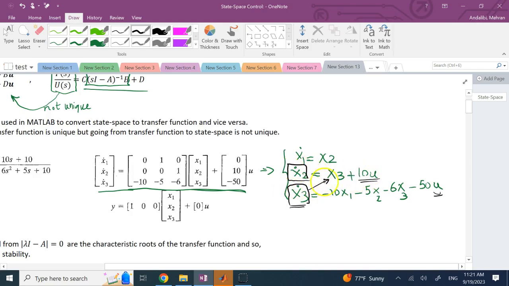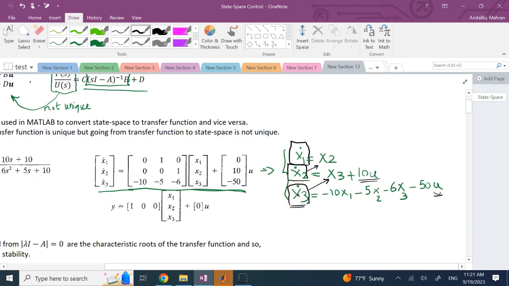So it has effect, direct and indirect, on X2. And then when you control how X2 is changing, then since X2 is equal to the derivative of X1, therefore you can control how X1 is changing versus time. Right? So you see, whether direct or indirect or both, this U has effect on the dynamics of all three variables. So it can change the overall vector X, which is X1, X2, X3.